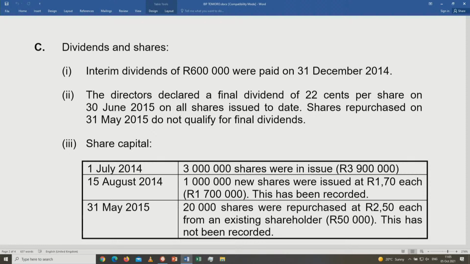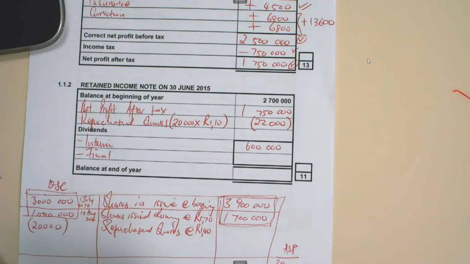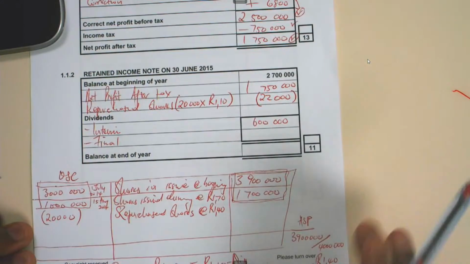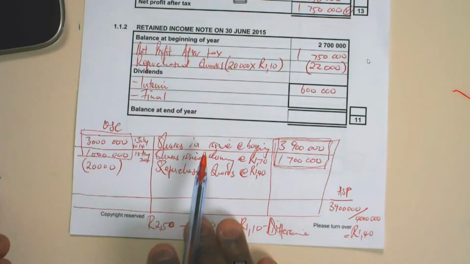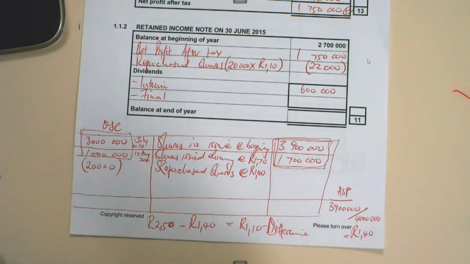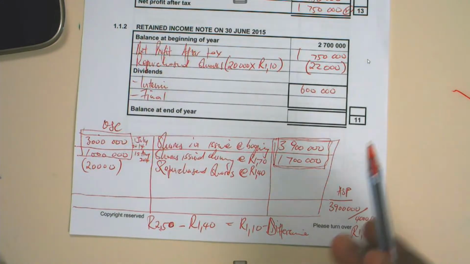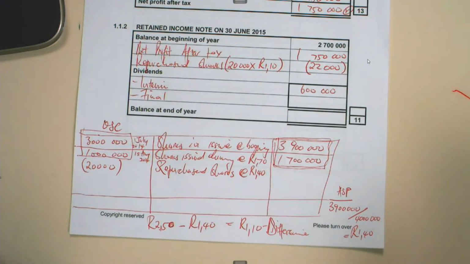And then shares repurchased on 31st May 2015 do not qualify for the final dividend. Right. Now let's go back to our note number 7. Even though it is not part of the question, if you can draw it aside, then your answers would be precisely correct.